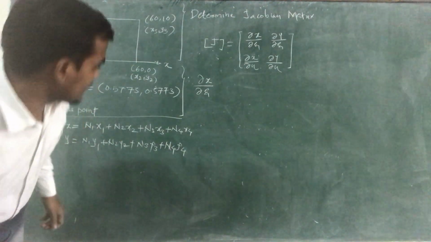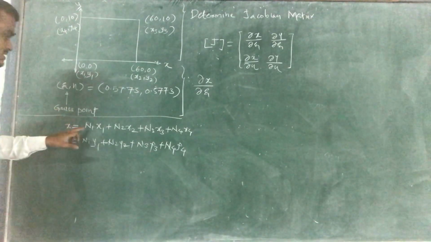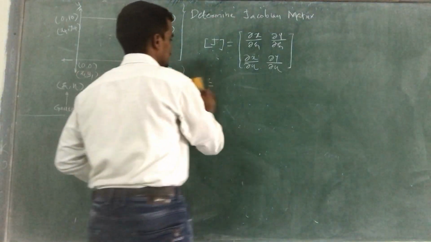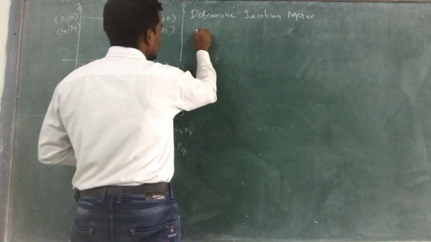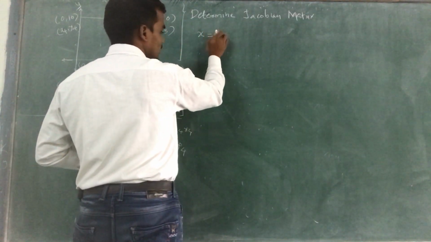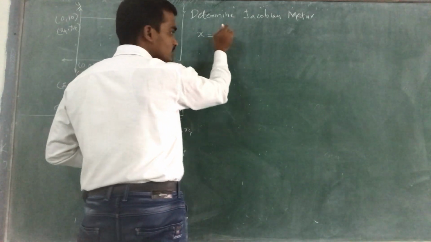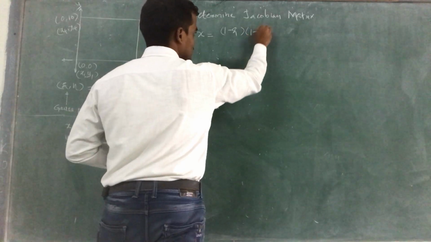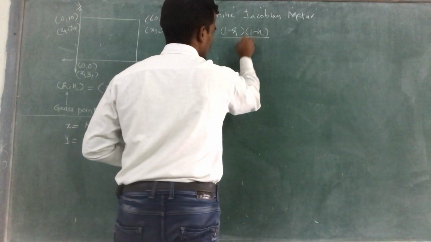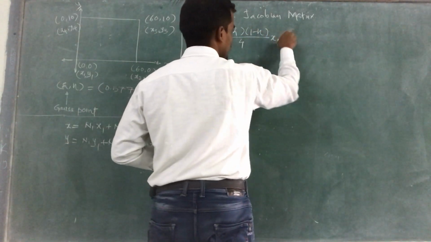If we write x in terms of zeta and eta, then x can be written as n1, which is (1 minus zeta)(1 minus eta) divided by 4, into x1, plus n2.